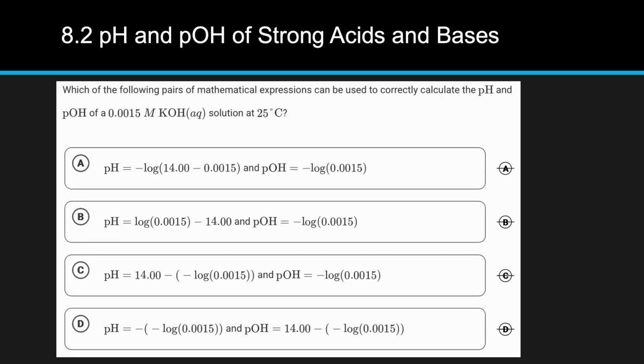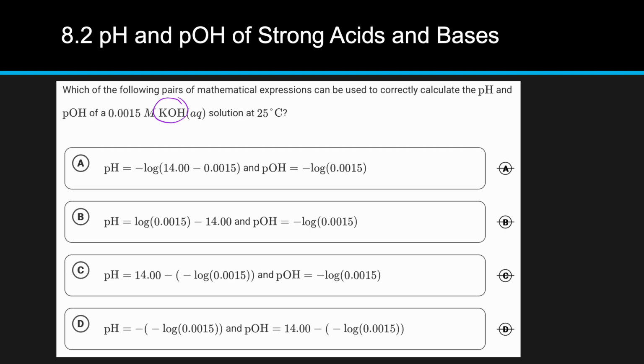All right, now let's take a look at some College Board examples. This multiple choice question says, which of the following pairs of mathematical expressions can be used to correctly calculate the pH and pOH of 0.0015 molar potassium hydroxide at 25 degrees Celsius? So since we are given a strong base, that means I'm going to start off with calculating our pOH.